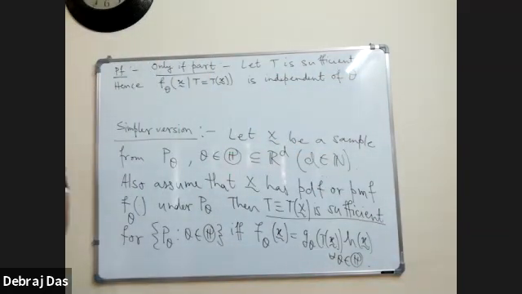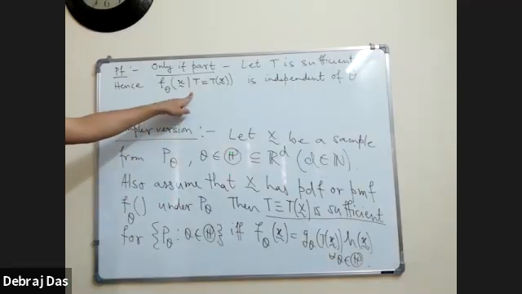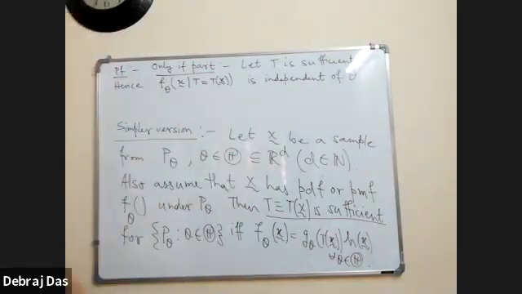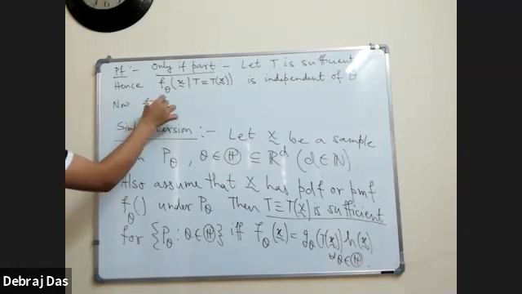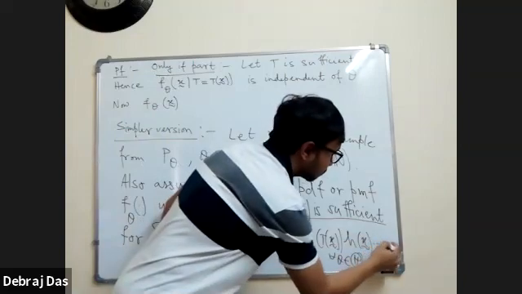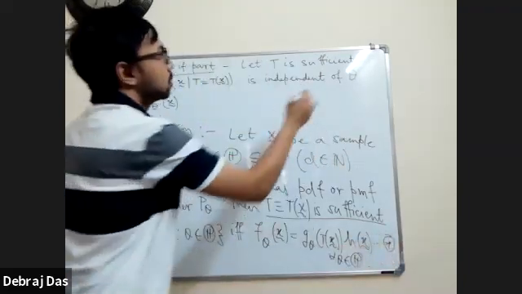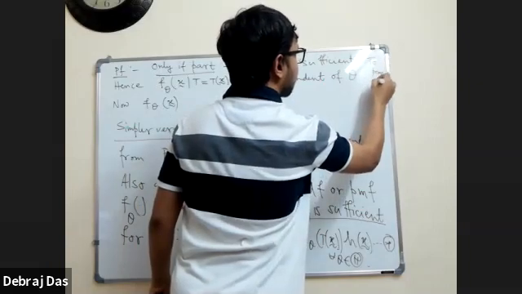So let T be sufficient, then the conditional PDF or the conditional PMF is independent of theta by the definition. So now, what is f theta of x prime? So we need to prove this, right? Let's call this star. So to prove star.